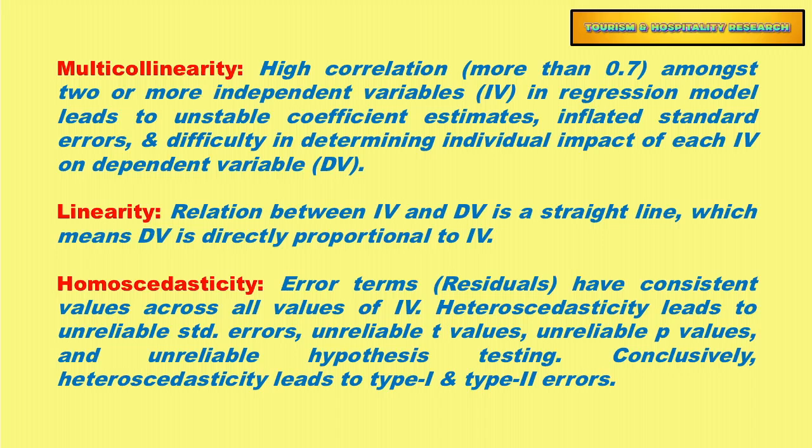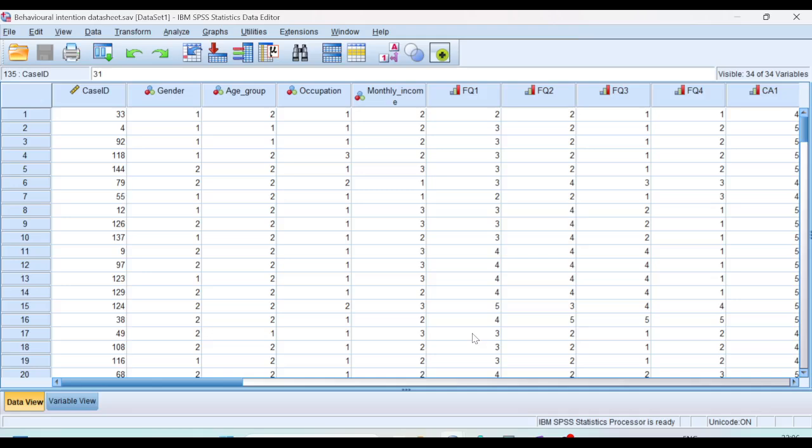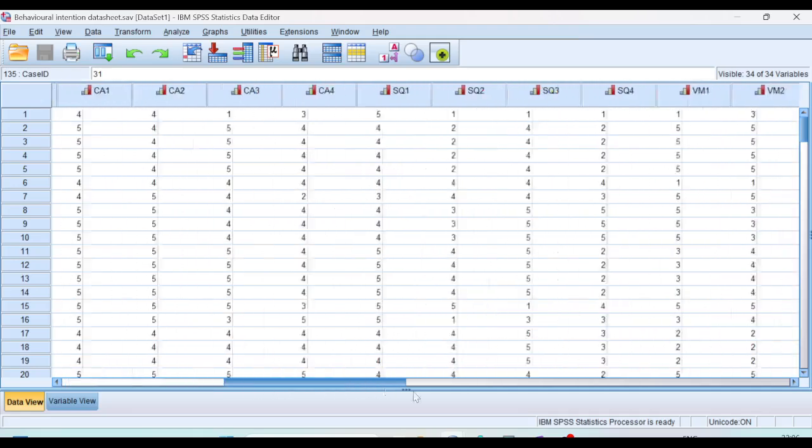So now let us go to SPSS and do the real analysis and learn how to assess multicollinearity, linearity and homoscedasticity. Here we are back again on the same data which we are using for analysis.